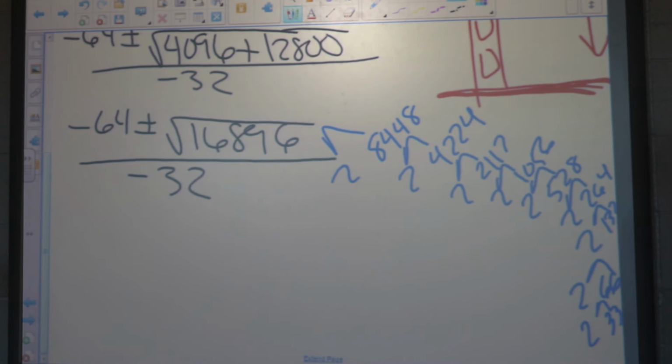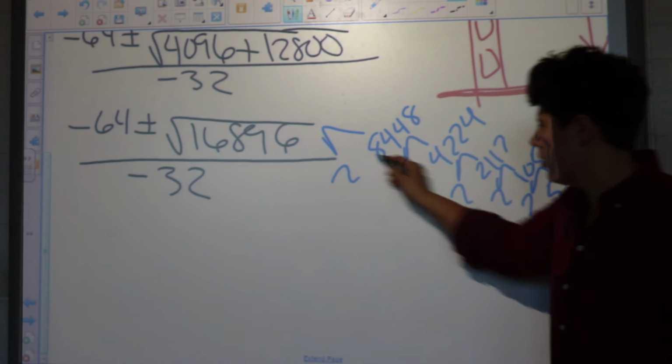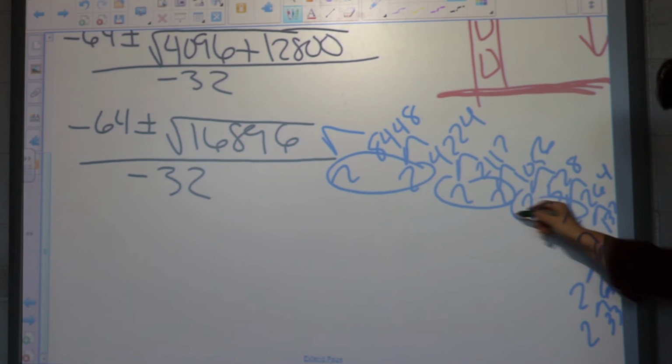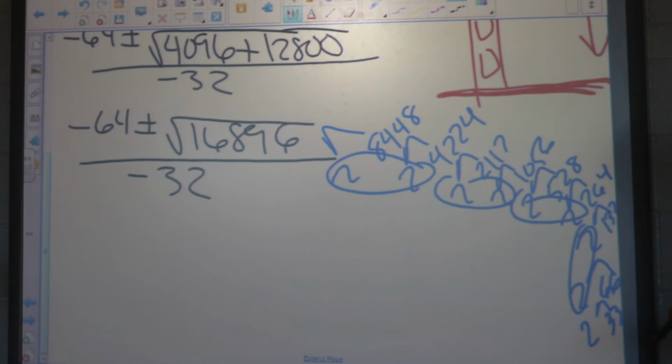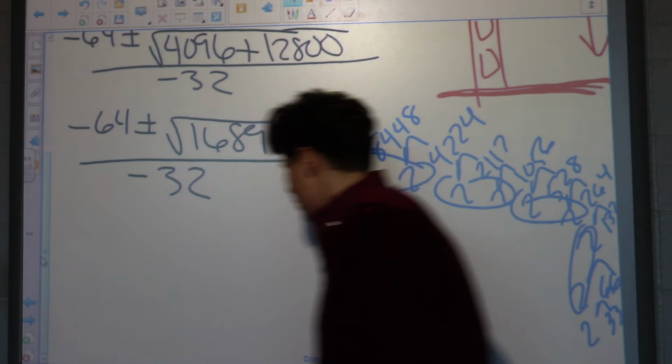And the 33 breaks down to 3 and 11, not really helping me here. So a group of 2s, group of 2s, group of 2s, group of 2s. And then we have some left over there.